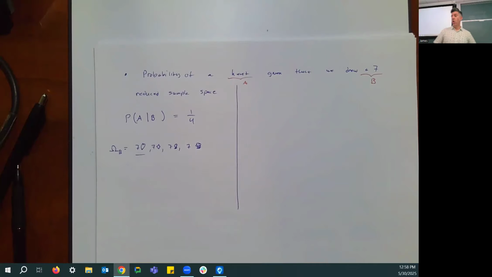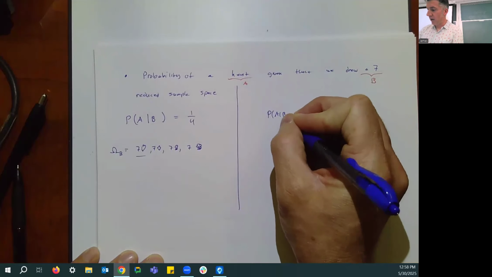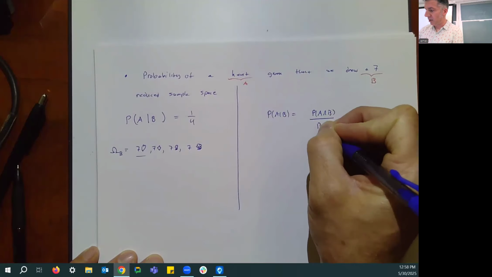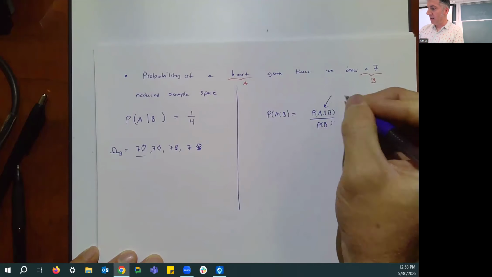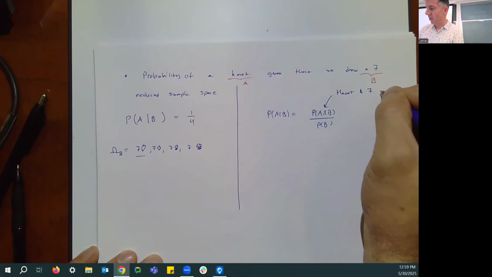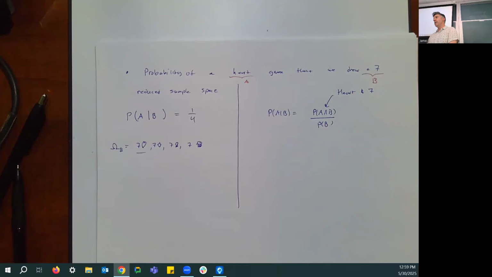And if we wanted the probability of getting a heart, knowing that it already was a 7, it's 1 out of 4. Or we could have done the long way and said the probability of A given B is equal to the probability of A and B divided by the probability of B. A and B means it's a heart and a 7. How many cards are both a heart and a 7? 1. There's only one 7 of hearts. There's only ever one card of each suit and rank, right?